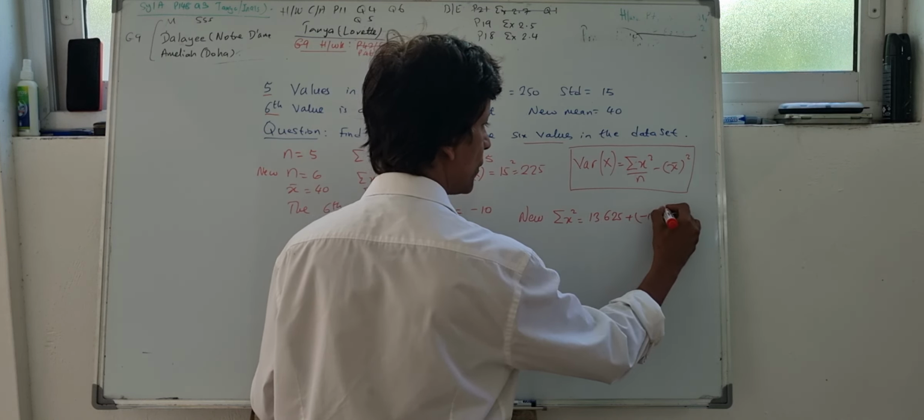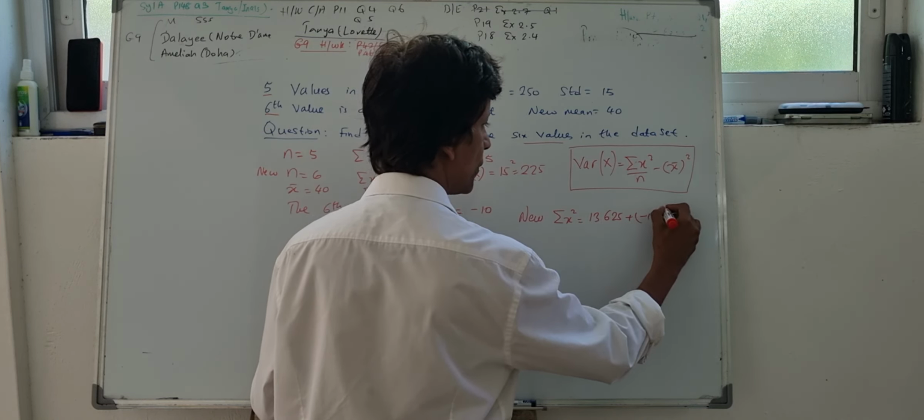Now I've got all the information I need. The value of n is 6, and the mean is given as 40. So we can use the formula and find the new variance of all 6 values. The variance of x is equal to the summation of x squared, which is now 13,725, divided by the new size of the distribution, 6, and then take away the mean squared, which is 40 squared. Let me do that on the calculator.